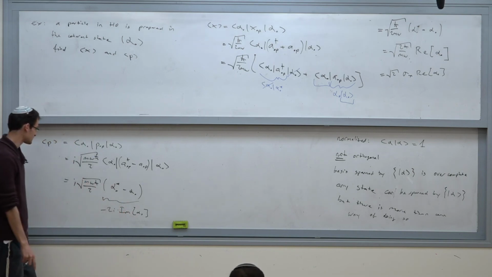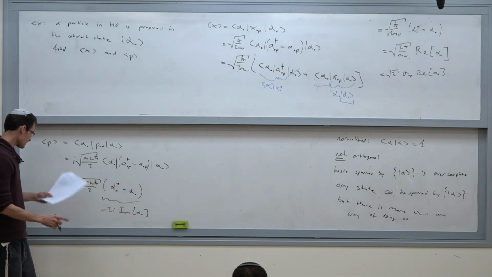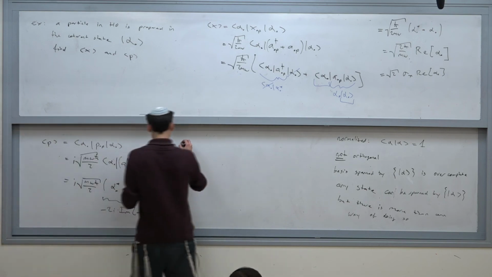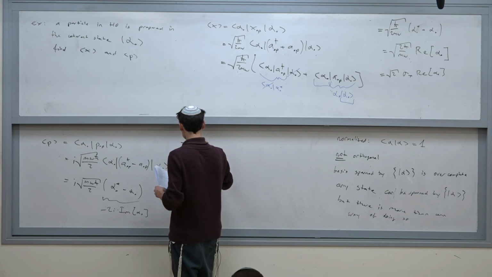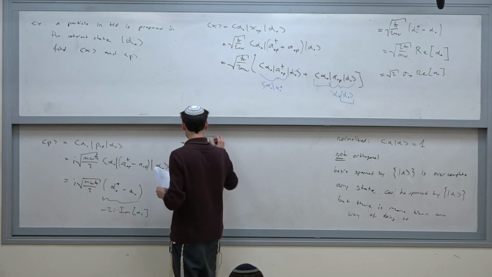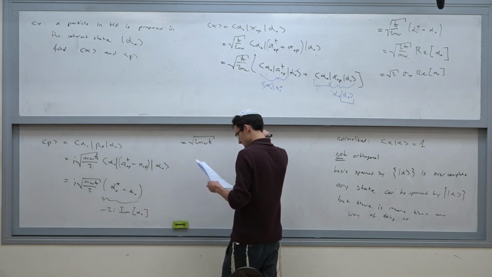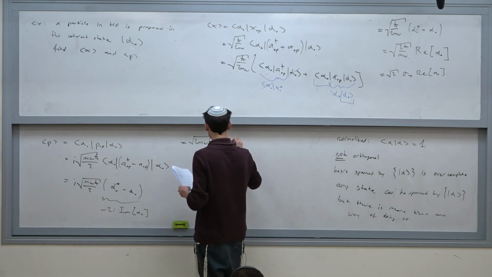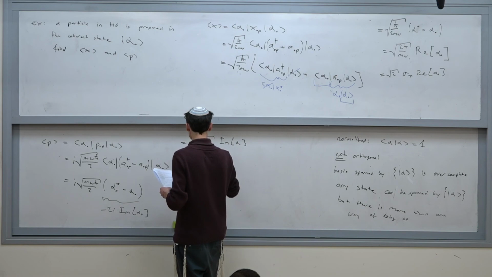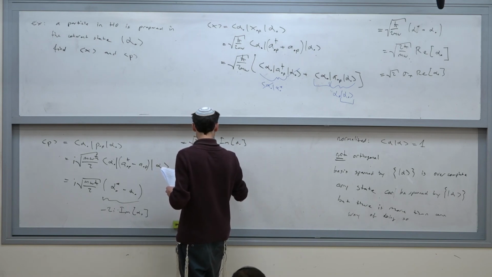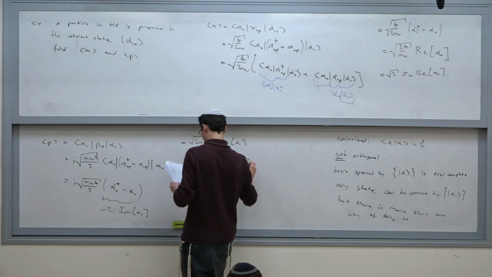It's really simple to check these relations. So in the end, what we get here is root 2m omega h bar times the imaginary part of alpha 0, which is just equal to root 2 times sigma p times the imaginary part of alpha 0.